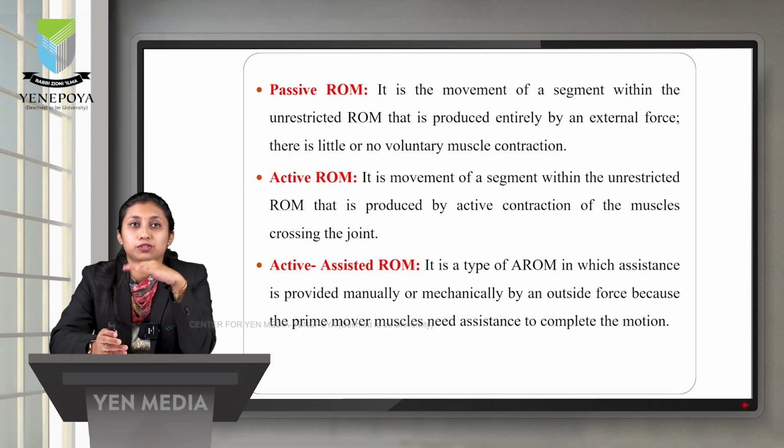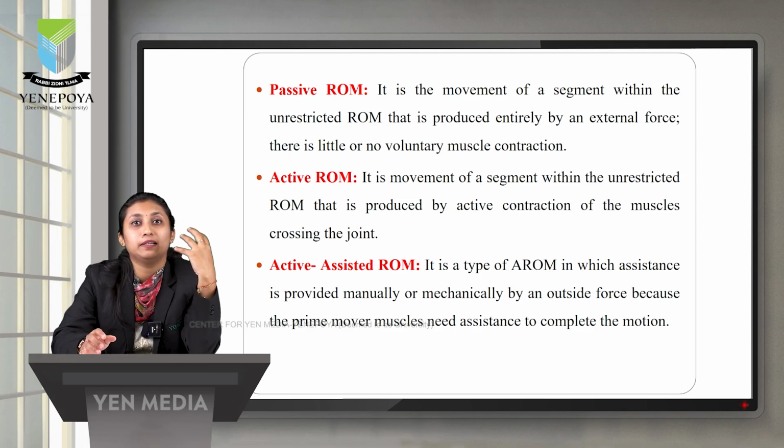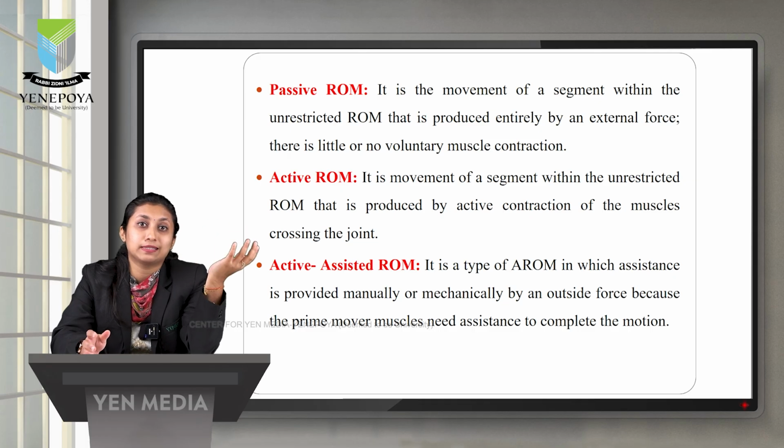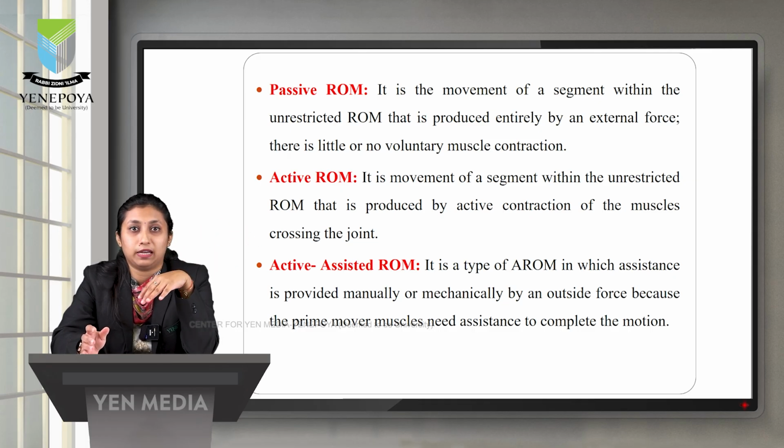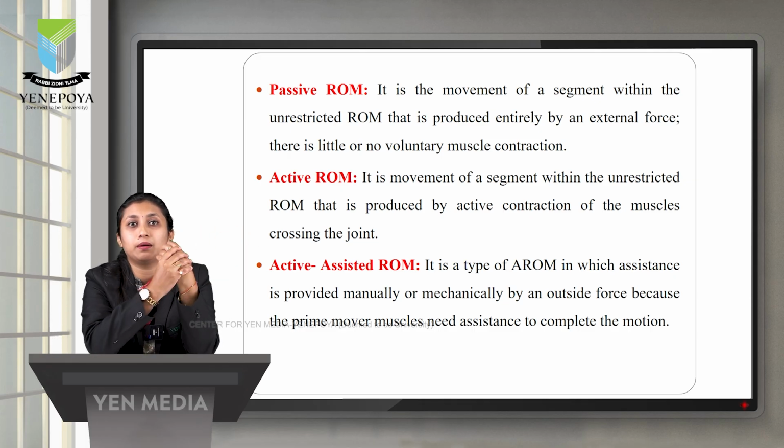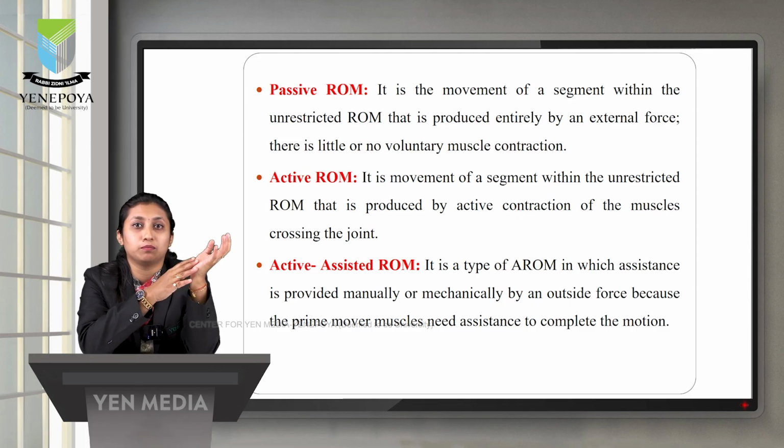Whereas if this wrist is not moving into flexion and extension, I might need my physiotherapist or some external assistance to take it into flexion and extension. That is, somebody else will come and move this into flexion as well as extension. So this becomes passive movement, that is, an external force doing the movement.